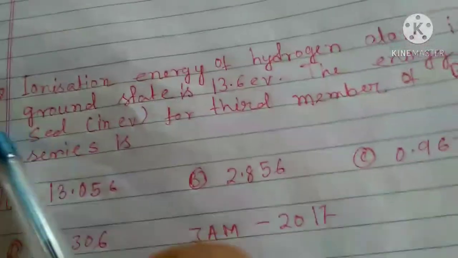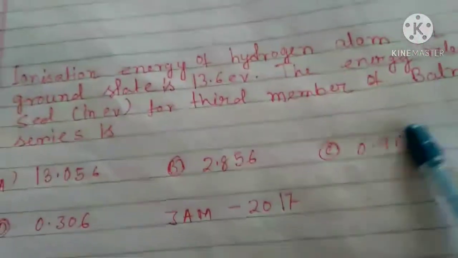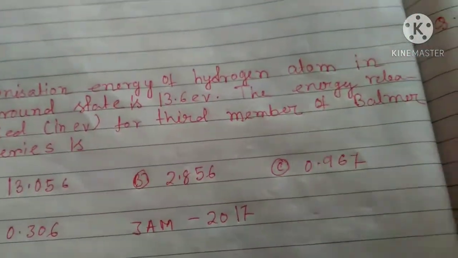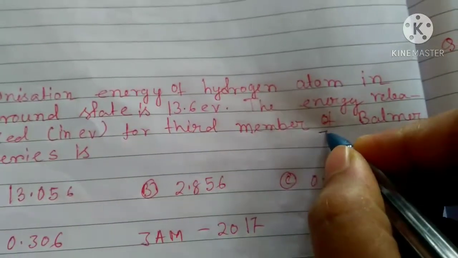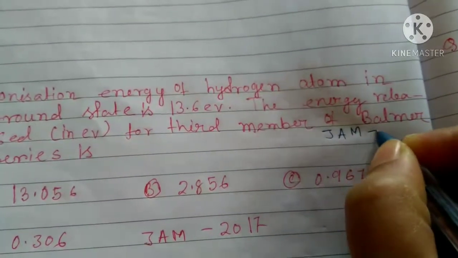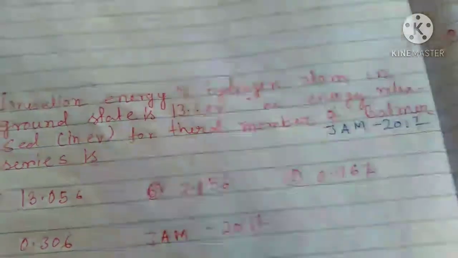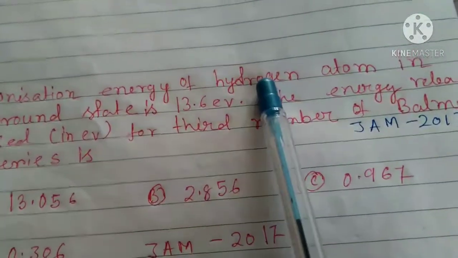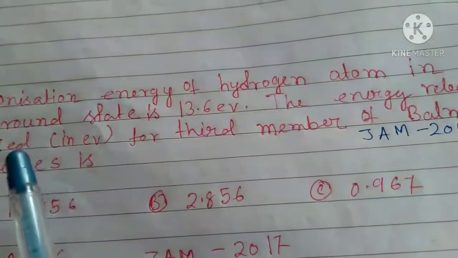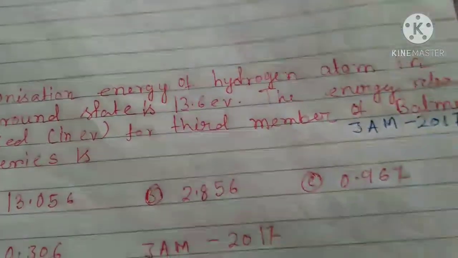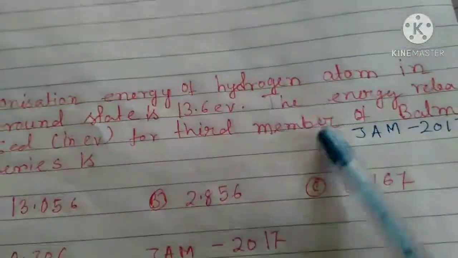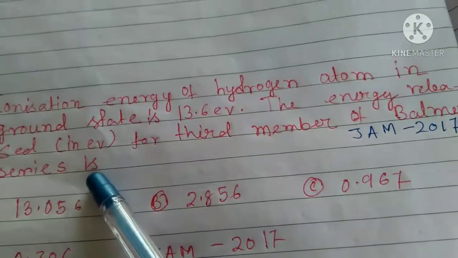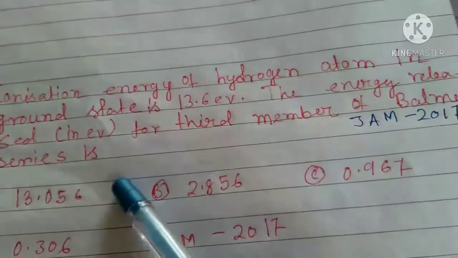Next question, question number 28, came in JAM 2017. Okay, the ionization energy of hydrogen atom in ground state is 13.6 eV. We all know that. The energy released for the third member of Balmer series.